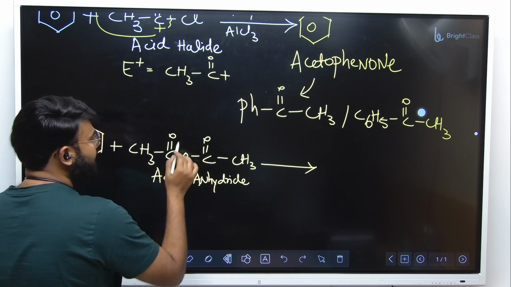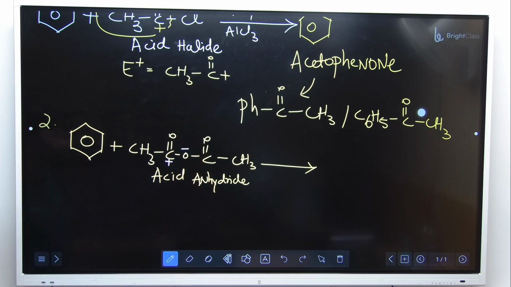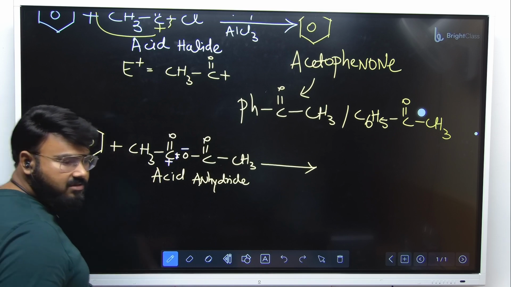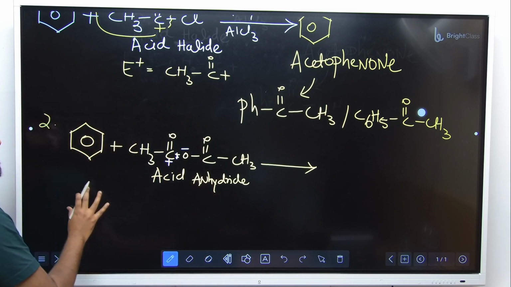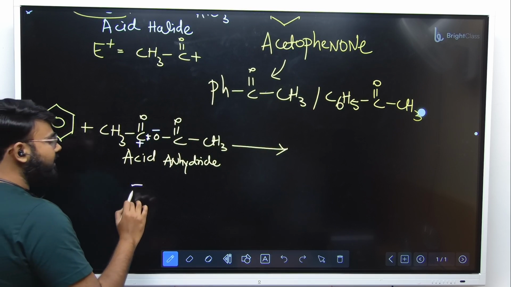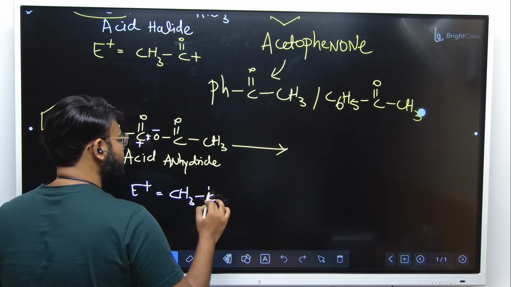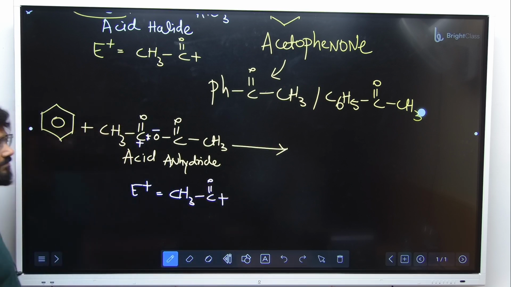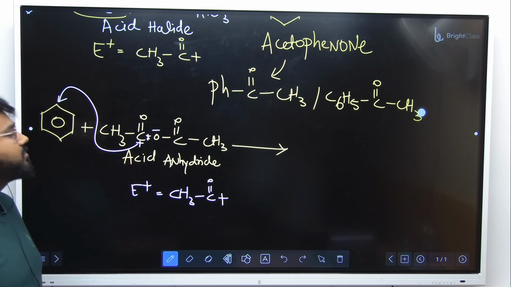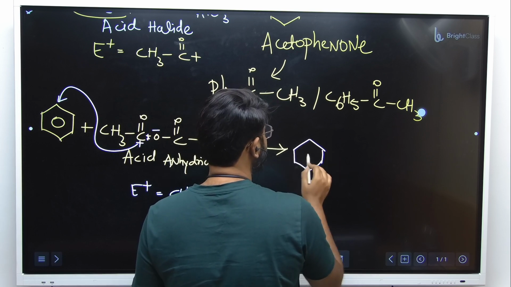So what is happening? This is our electrophile, with O minus. We are breaking the bond here. Tanvi, Shreya, understood? Yes, sir. So what is our electrophile? Our electrophile is the same. See, this is your electrophile. This electrophile now will attack here. So what do we get? Again, we will get the same substance, acetophenone.